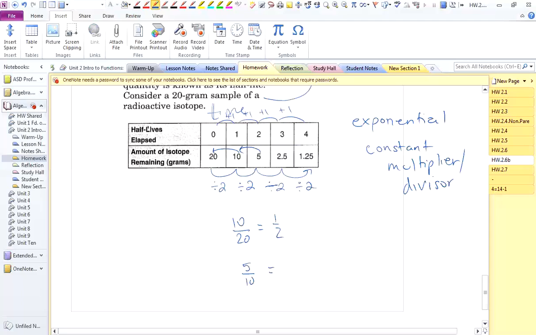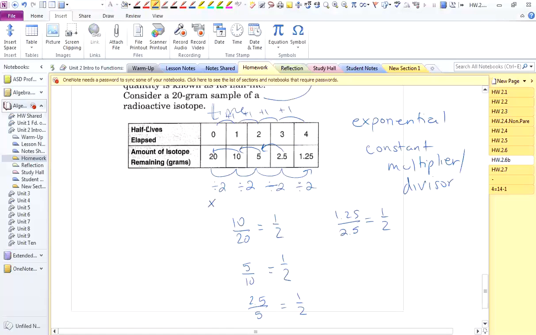That gives us 1/2. Let's take 2.5 divided by 5. That's also 1/2. And then the last one is 1.25 divided by 2.5. And we know that one is also 1/2.